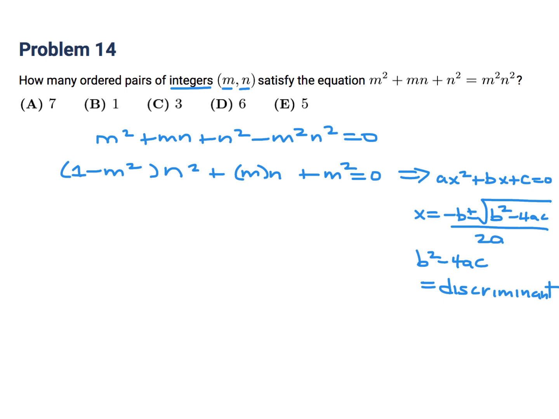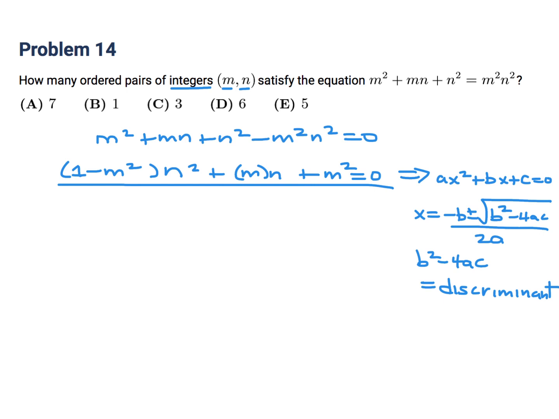And the only way in this equation that m and n will be integers is if the solution has a discriminant that is a perfect square. Because otherwise, it would be a radical, or there would be a root in the equation. So we need the discriminant to be a perfect square, I think.